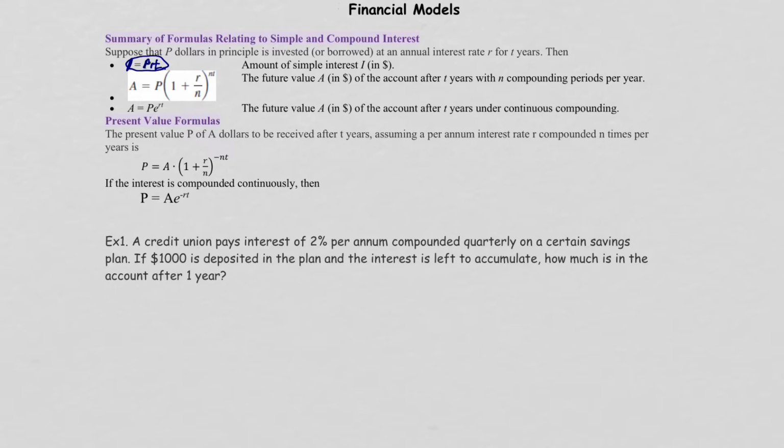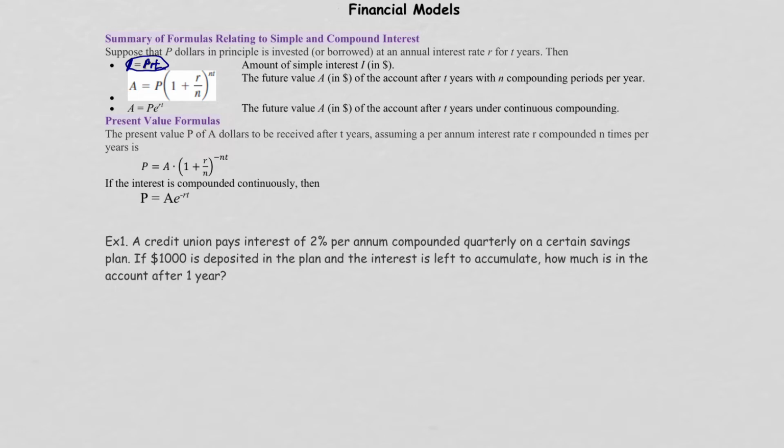So if we look at the first one, it says the credit union pays interest of 2% per annum compounded quarterly on a certain savings plan. If $1,000 is deposited in a plan and the interest is left to accumulate, how much is in the account after 1 year?